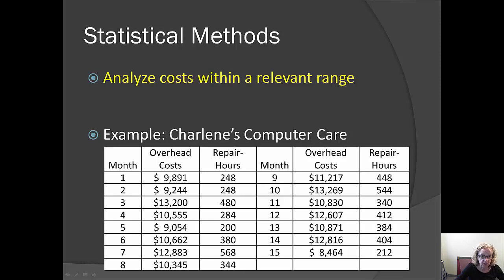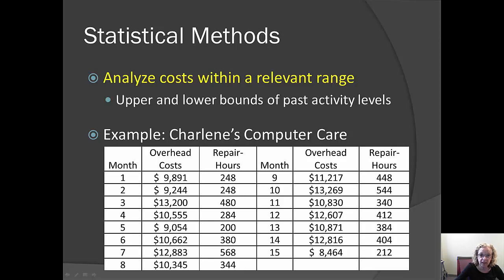And we are going to use this information to try to come to a better understanding of costs within the relevant range. That is, we are only comfortable predicting costs within the range for which Charlene has gathered data.